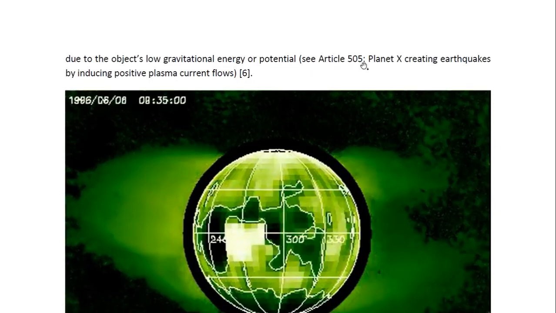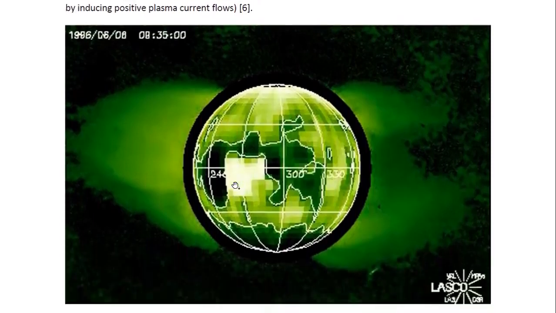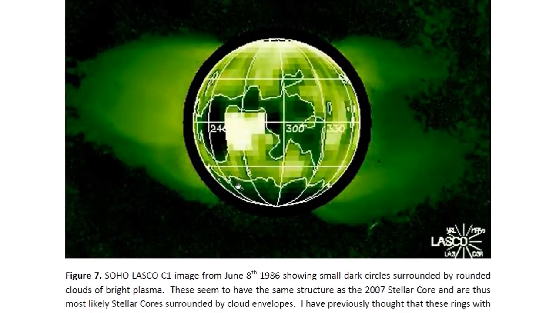And this is explained in article 505 entitled Planet X Creating Earthquakes by Inducing Positive Plasma Current Flows, because they induce the Earth to basically do the same thing, which results in volcanic eruptions and earthquakes on Earth. They are basically like CME events on the sun.